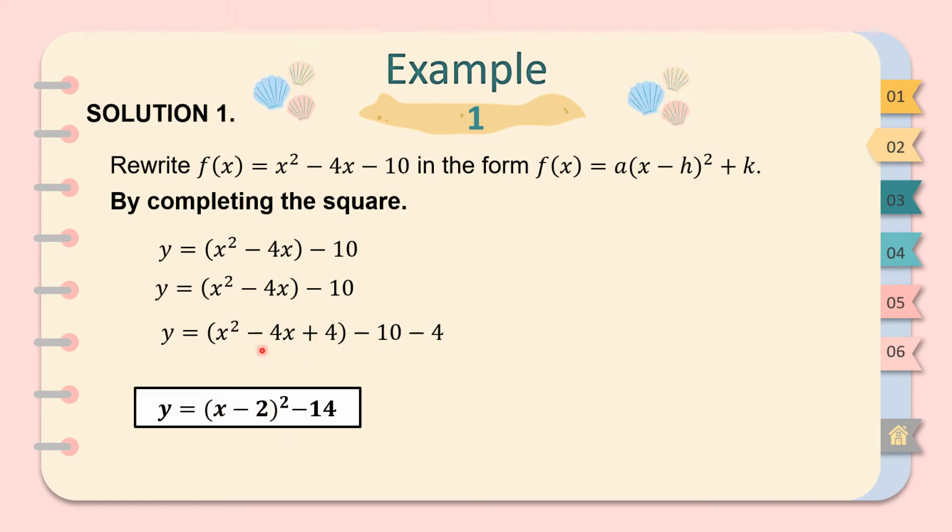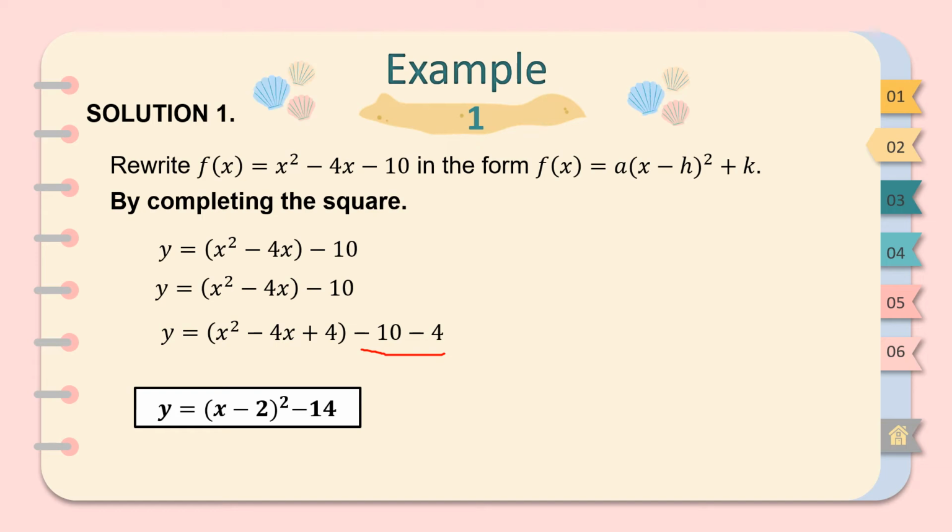Since po ang second term natin is negative, negative po yung sign. And then this one, same sign, add, and then attach the sign. Negative 10, negative 4, negative 14.